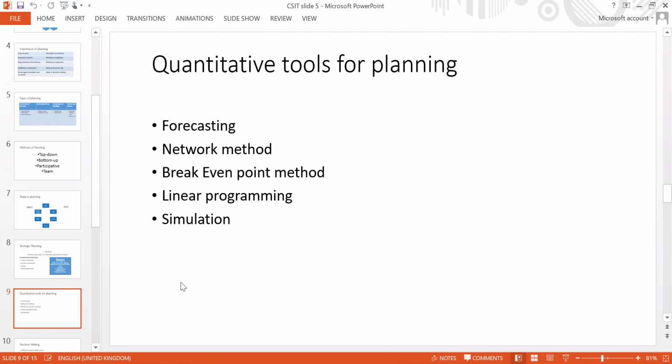That's why there are a lot of things which you have to include in your planning, which will happen only in the future. So there are a number of things about which you have to make assumptions about the future. So that's why you can use certain quantitative tools to set premises for your future.